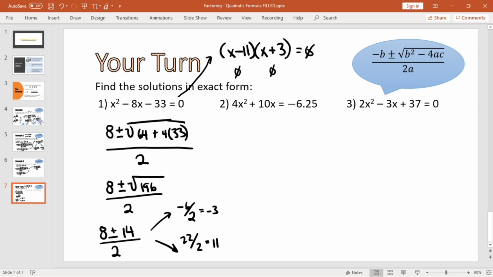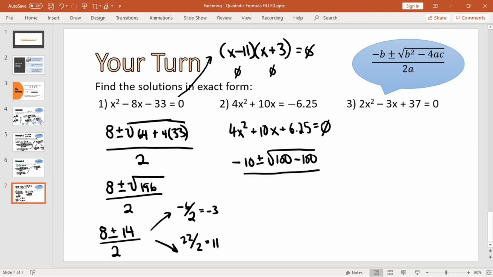All right, number 2. Start by rearranging. Okay, and once again, negative 10 plus or minus root 100 is b squared minus 4 times 4 times 6.25 happens to also be 100.